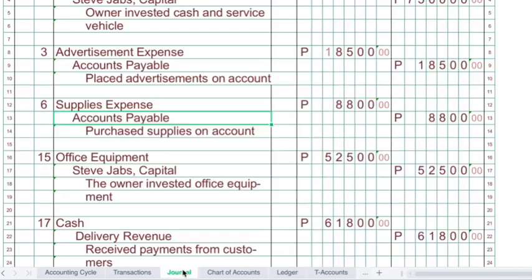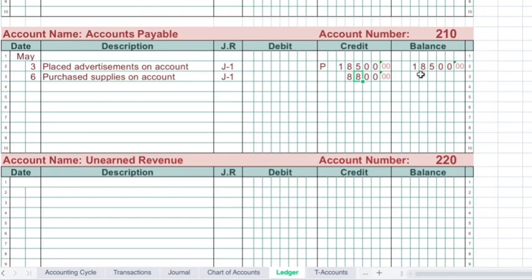Okay. So, we'll add them. So, 18,500 plus 8,800, we have 27,300. Okay. Positive 27,300 for accounts payable. So, ibig sabihin, yan yung utang natin in total, 27,300.